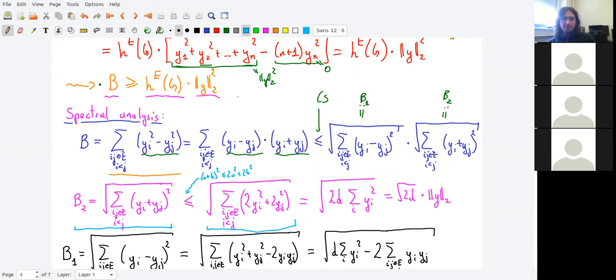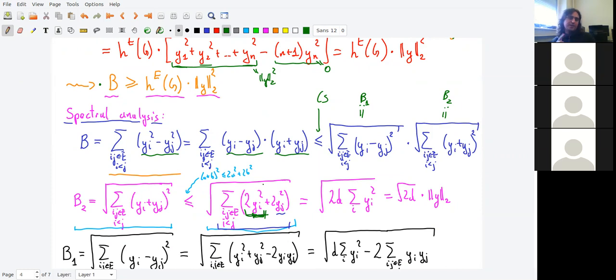This was in order to separate the yi's and yj's inside the sum. Because now if I look at the sum, I can think how many times a particular 2 times yi squared appears in the sum.